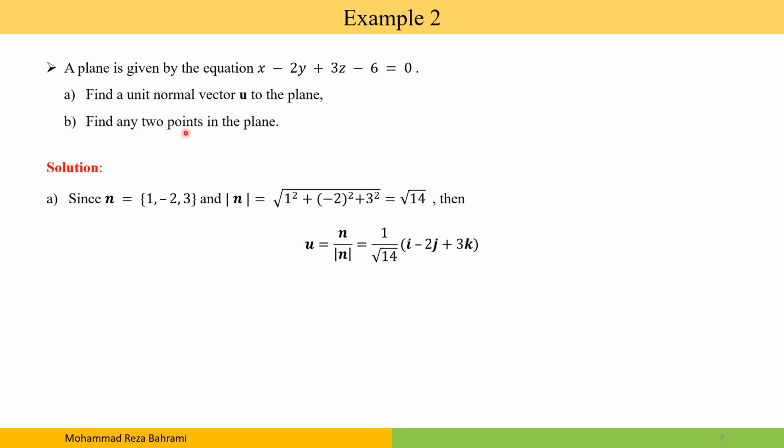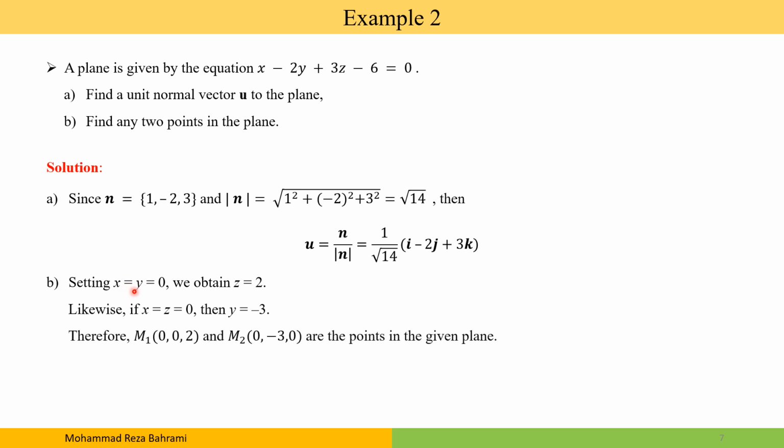Find any 2 points in the plane. So we have the equation of the plane and we want to find any 2 points. Simply, you can set any numbers to x and y and obtain z, or vice versa. For example, here I set the easiest one, which is x and y equal to 0. So we obtain z as 2, just inserting here.